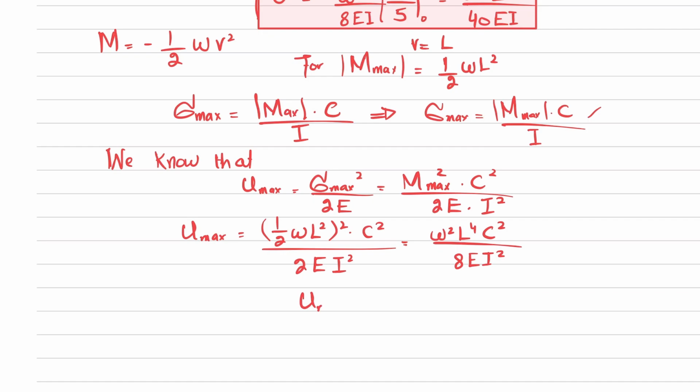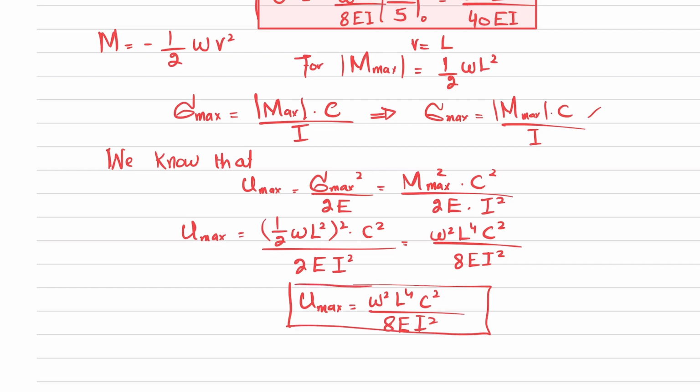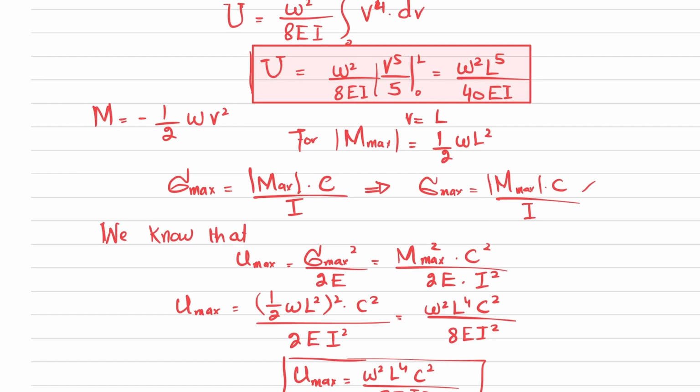So Umax, which is maximum strain energy density, is equal to W square L4 C square over 8EI square. So this is our strain energy density. So let this strain energy be equation 1 and this be equation 2.